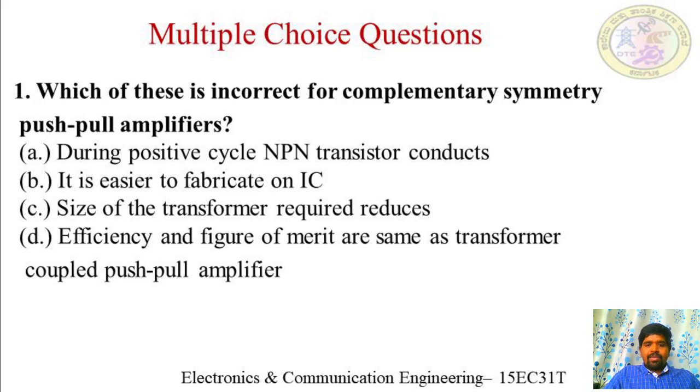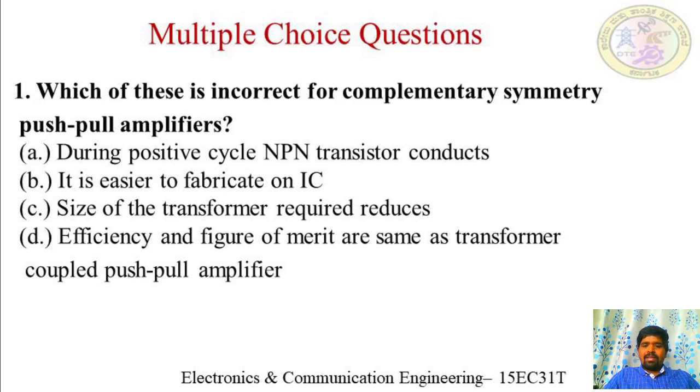First one: which of these is incorrect for a complementary symmetry push-pull amplifier? We discussed the complementary symmetry push-pull amplifier, so let us discuss which is incorrect. You can guess the answer. First option: during the positive half cycle, the NPN transistor conducts.